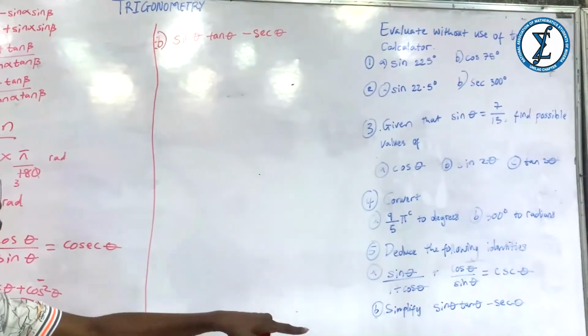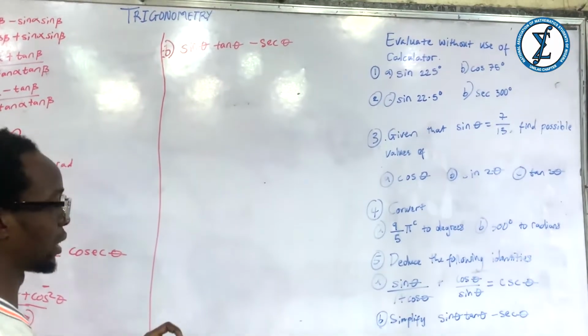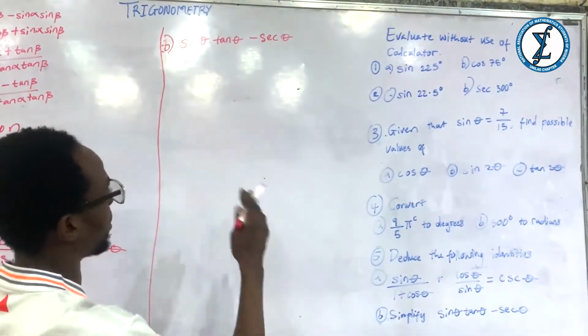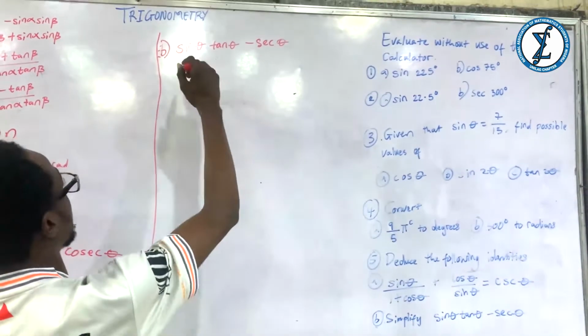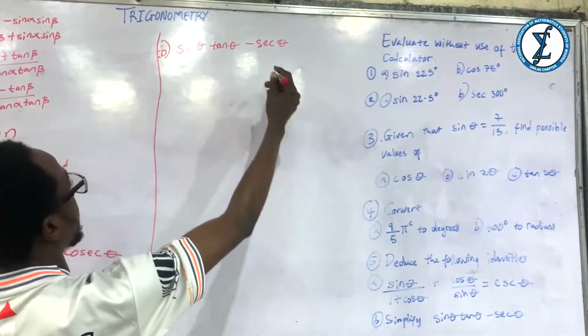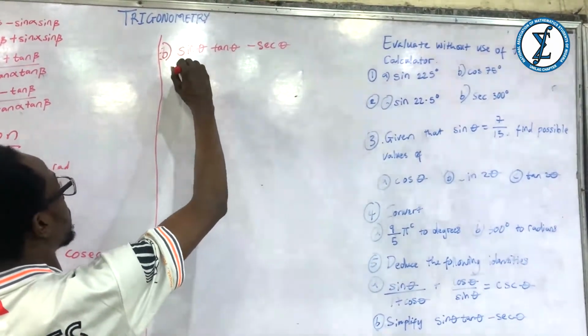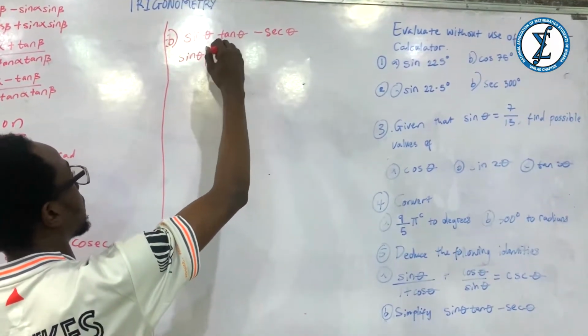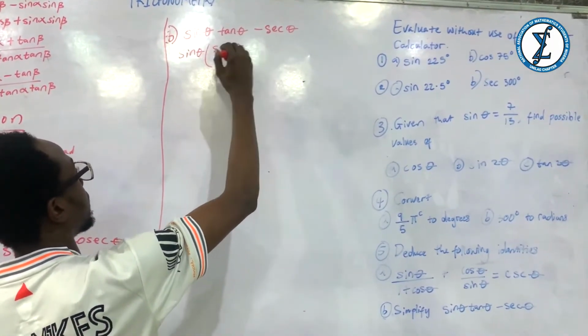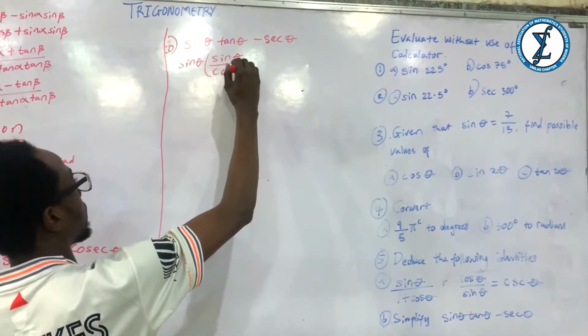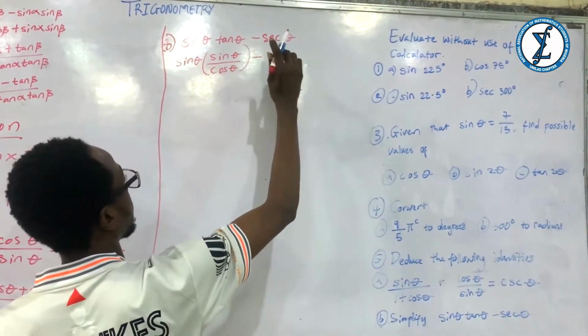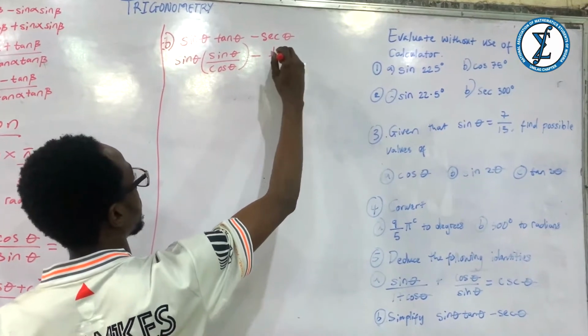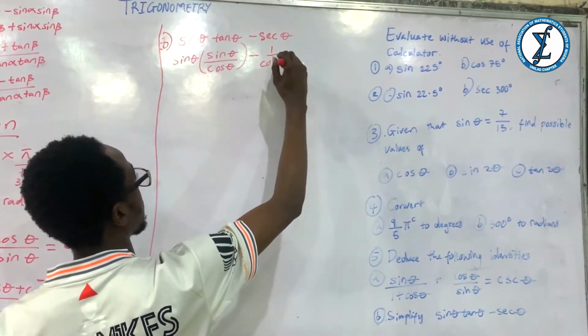We don't know what the end point is, but we have to bring it to a point where it cannot go further down. So just break every compound identity. So we have sine theta multiplying tan theta, which is sine theta over cos theta, then minus sec theta, which is 1 over cos theta.